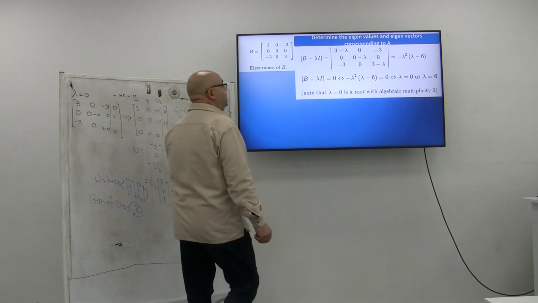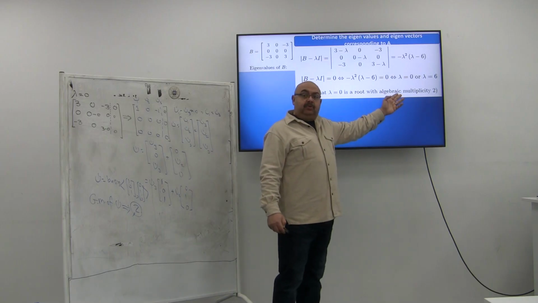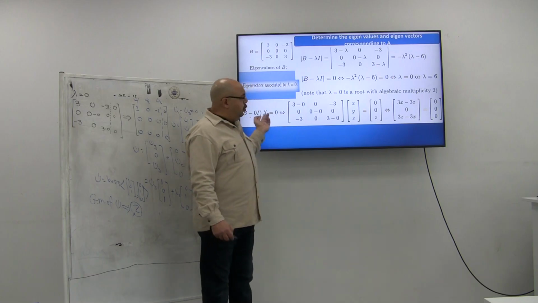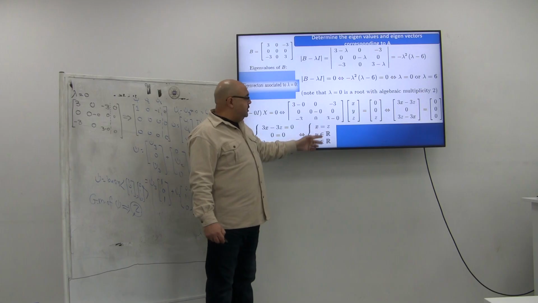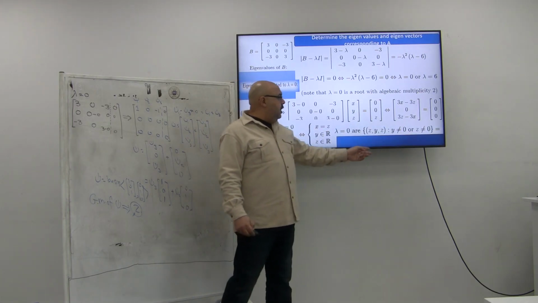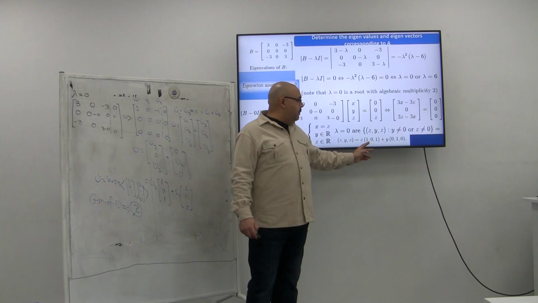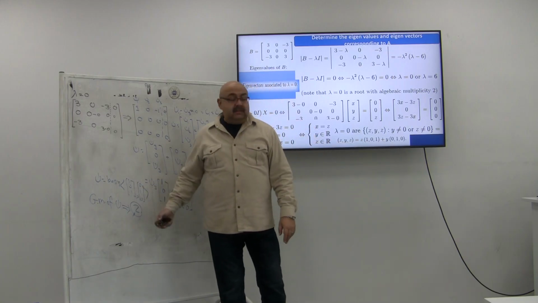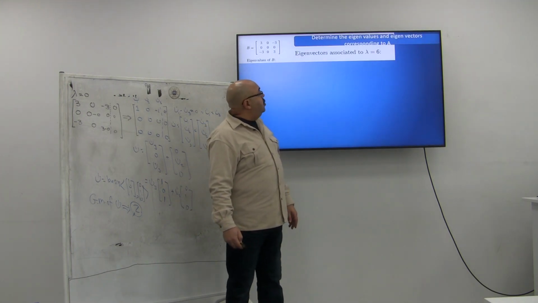Note that lambda 0 is a root, and the algebraic multiplicity is equal to 2. Once more, if you evaluate, you will have x equal to z, and y and z free. You will end up having 1, 0, 1 and 0, 1, 0, exactly as I did. So the geometric multiplicity is equal to 2.